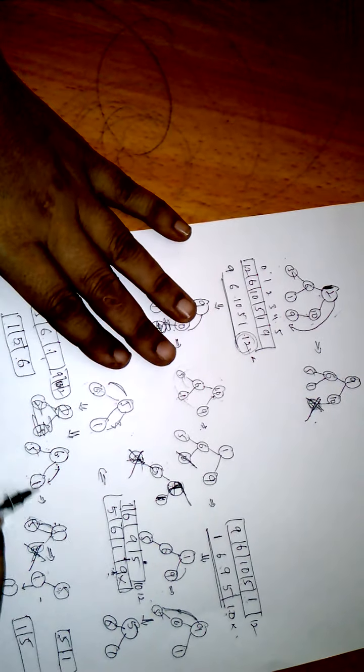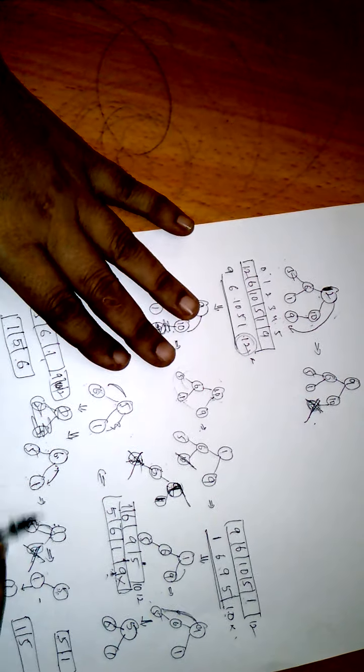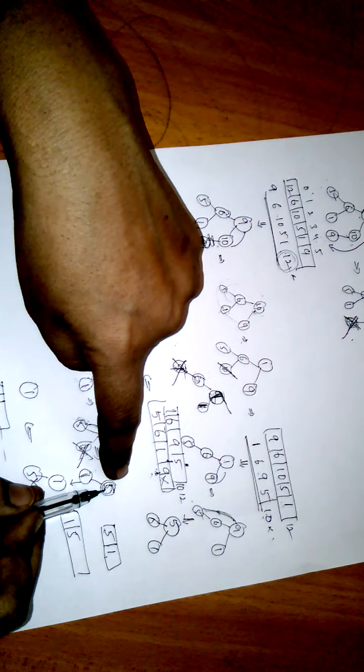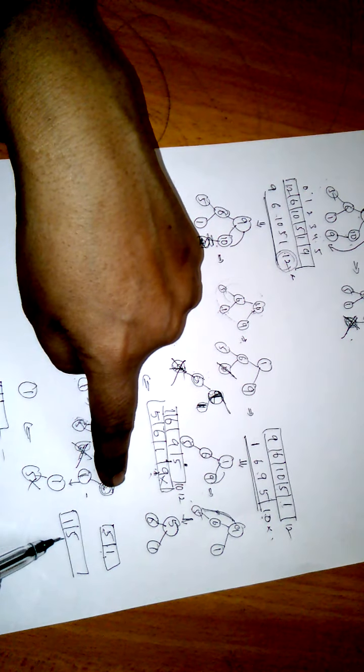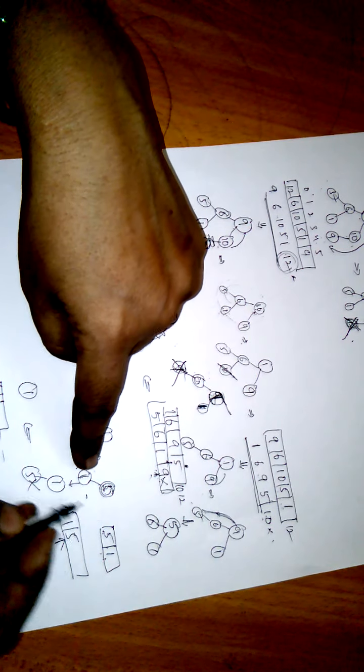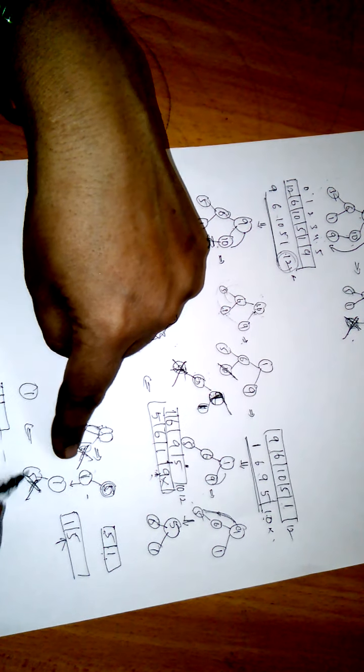Now again you compare 1 and 5. When you compare 1 and 5, swap 5 and 1. Now where should this 5 be? In 1's position. Again you store 5 in 1's position and then you remove this one. The tree will be like this now.